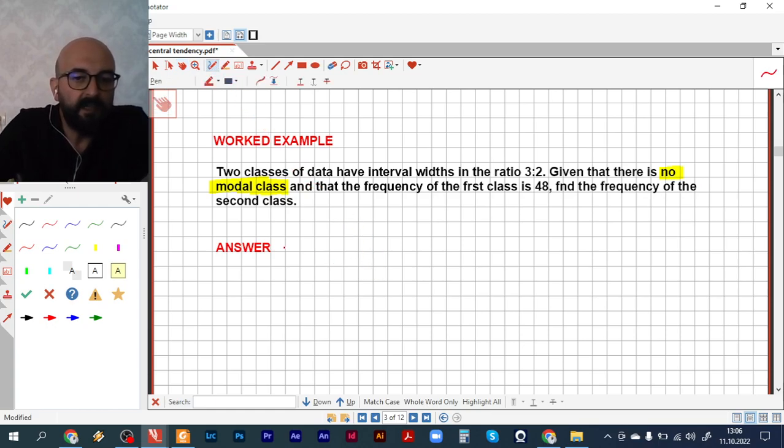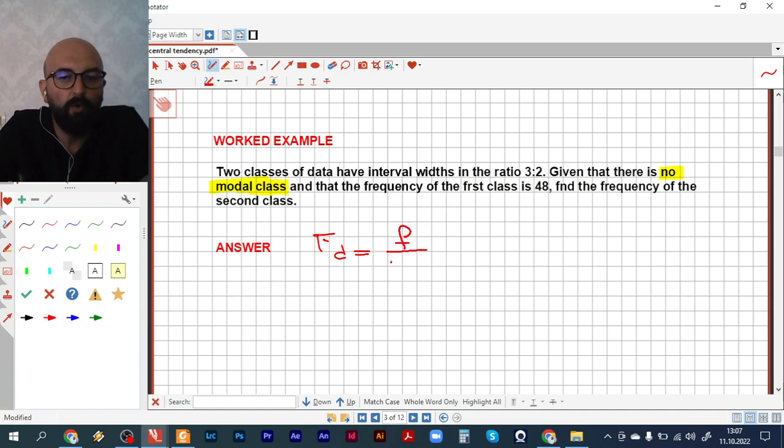We can compute the frequency density, which means frequency over width.